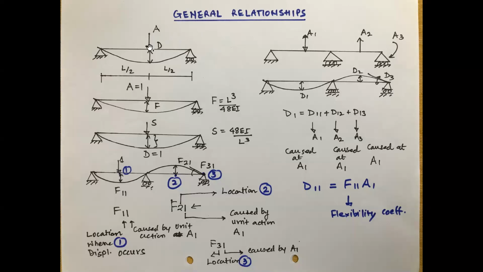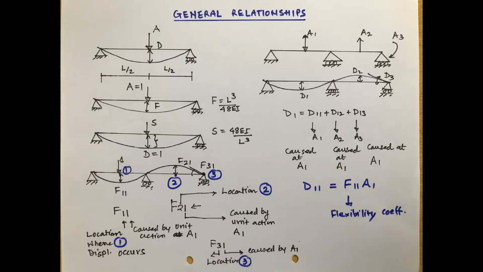Here you can see a concentrated load applied, and the beam deflects. If you want to define the stiffness and flexibility of this beam, a simply supported beam with a single load, then when you apply a unit force it deflects under the unit load, and that deflection I am calling flexibility. So how do we generate the flexibility coefficient in the beam?